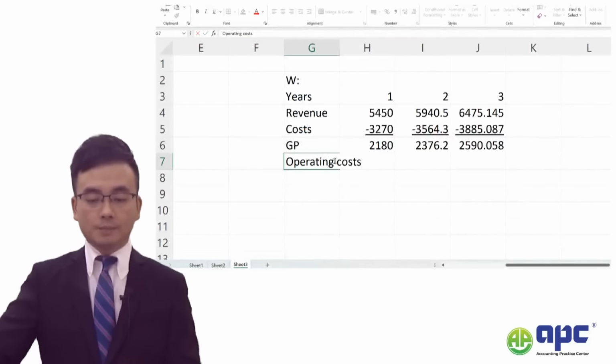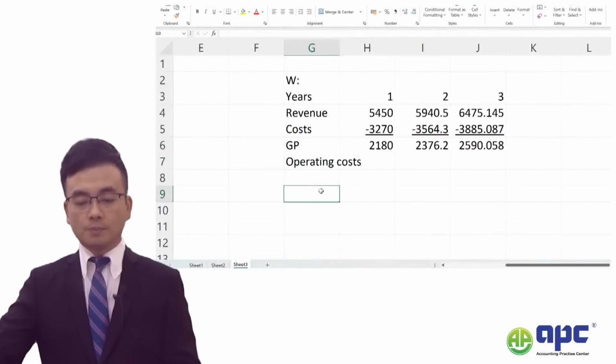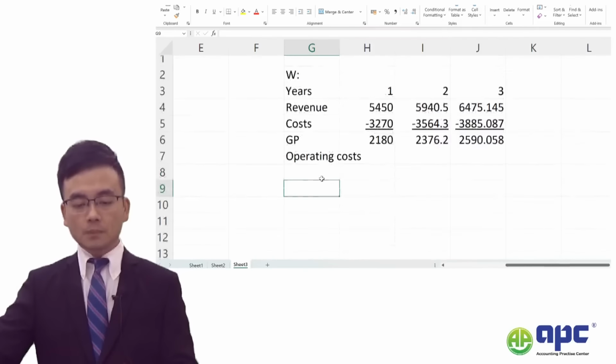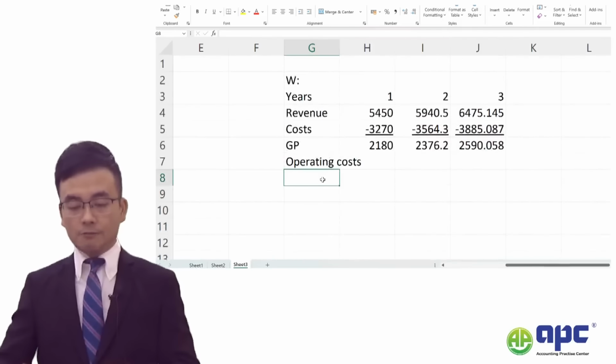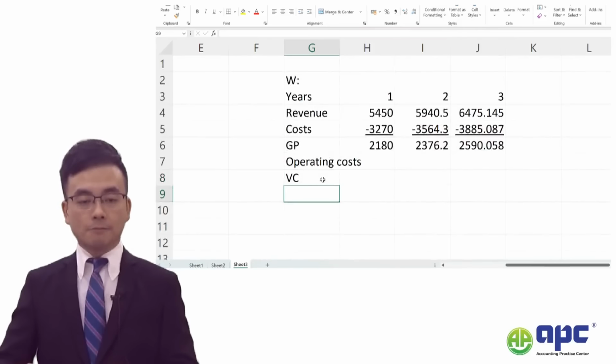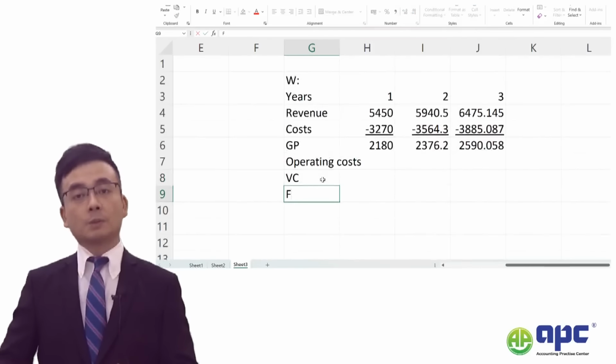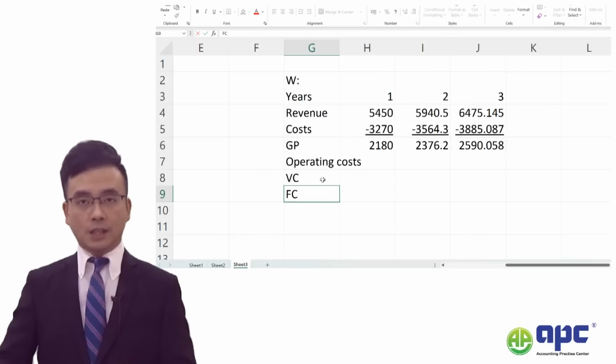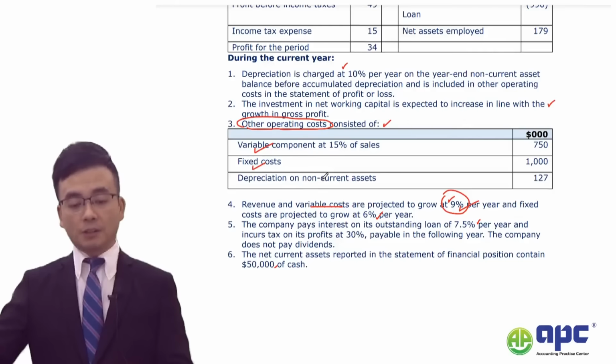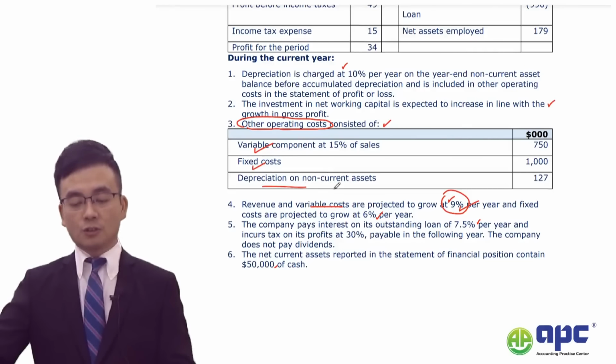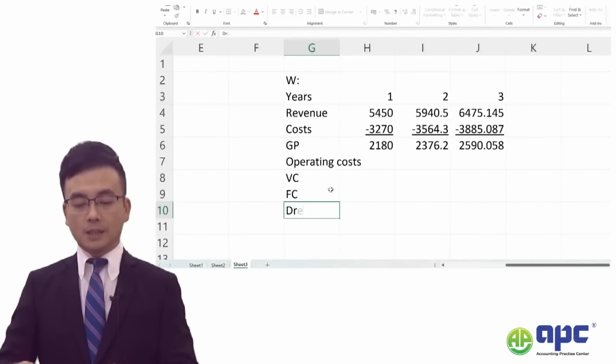So that's why I would like to calculate that as a subtotal value, okay, later on here. So that will include the variable costs in there and fixed costs in there. I like to use the abbreviation FC, it's entirely up to you, it's fine. And also, don't forget, we've got depreciation on non-current asset, so depre as well.